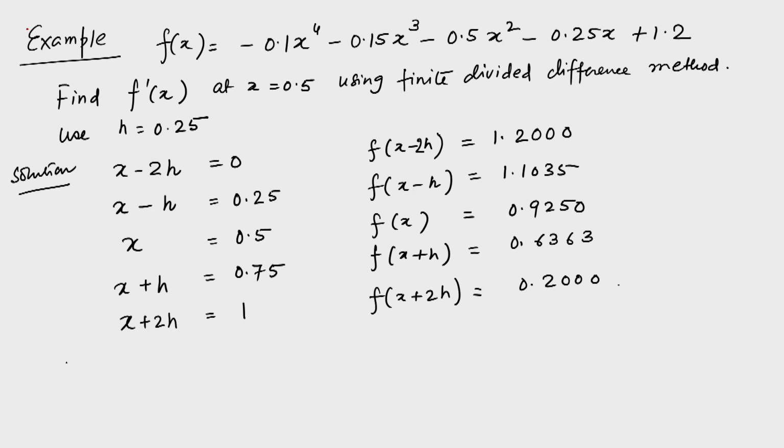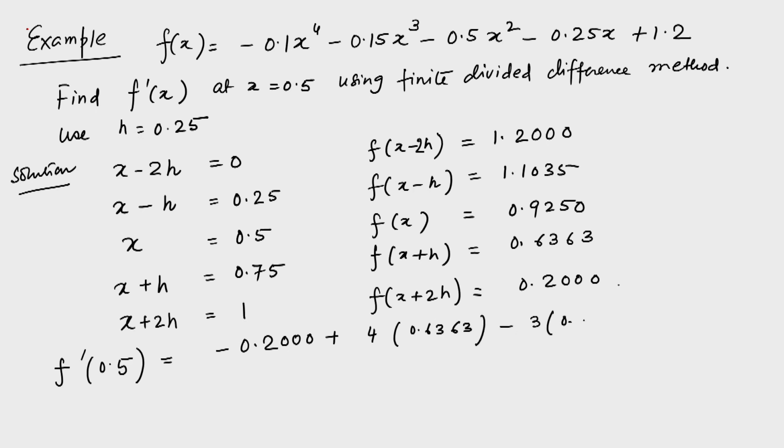So, f prime evaluated at 0.5 using this finite divided difference formula is equal to minus 0.2000 plus 4 multiplied by 0.6363 minus 3 times 0.9250, divided by 2h.